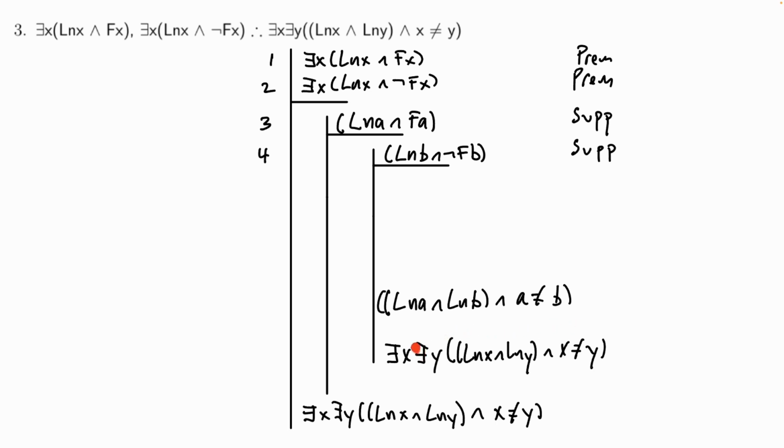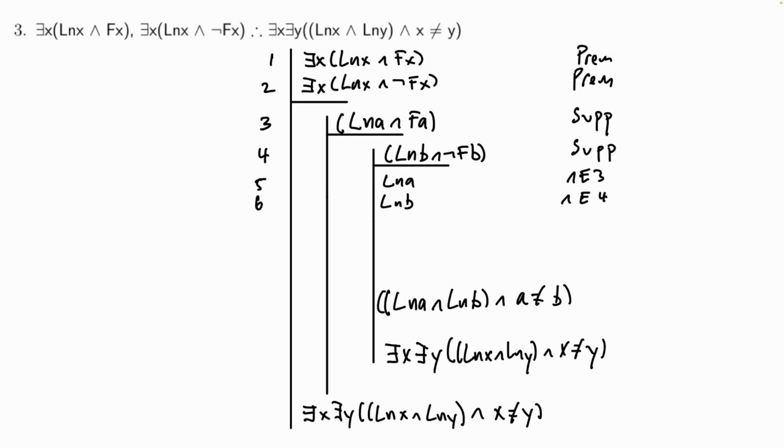Now, we already have LNA as a conjunct here and LNB as a conjunct here, so it'll be easy to get those. We just need to get A is distinct from B. First, let's write down the two conjuncts that are easy to get, LNA and LNB. Now, to get A is distinct from B, well, we just use reductio reasoning, right?